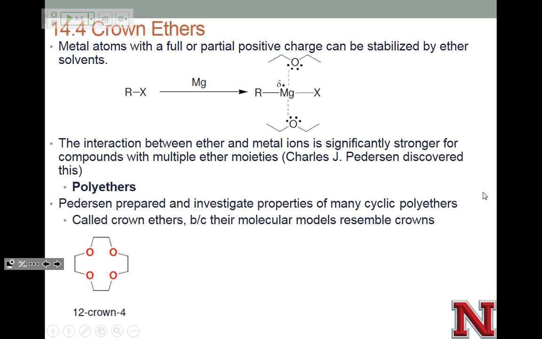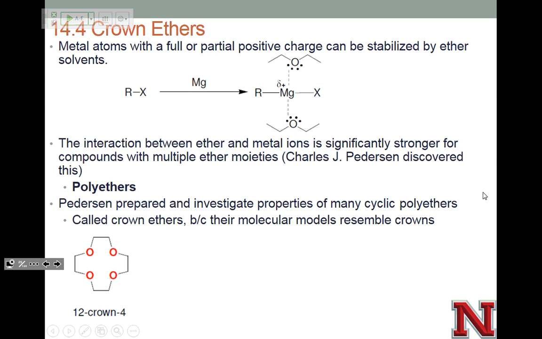He called them crown ethers because they look like crowns. The ether linkage that he found worked the best was an ethyl group, so all of these have 2 carbons in between oxygens. So what we have is the most common that he found to work. Now he didn't just prepare 3, he worked with a bunch of them.